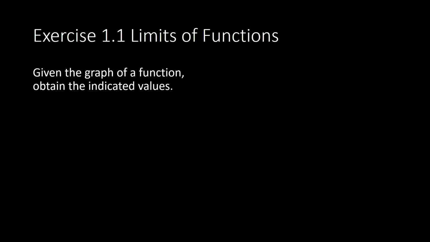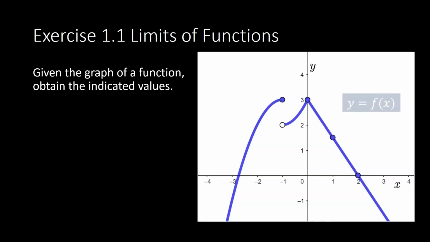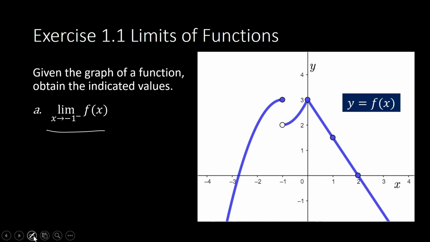Given the graph of a function, let us obtain the indicated values. What is the limit of our function as x approaches -1 from the left? So this is -1. We shall approach it from the left.